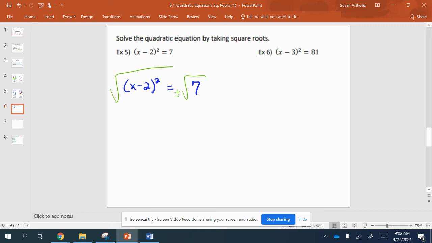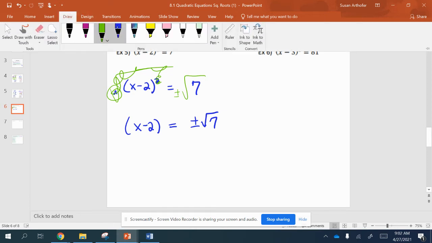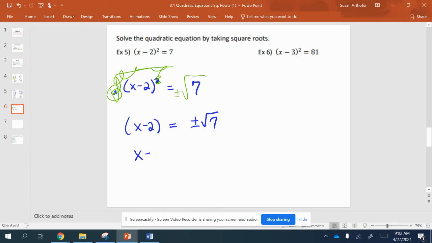So the square root of (x minus 2) squared is that item, x minus 2, equal to plus or minus radical 7. So remember, the square root gets rid of the 2 and out pops x minus 2, right? At this step, you can go ahead and drop the parentheses.